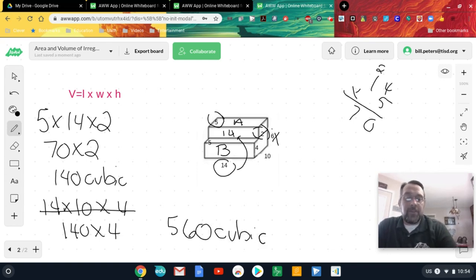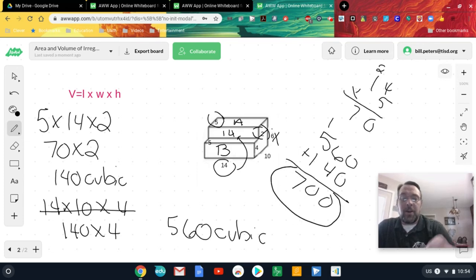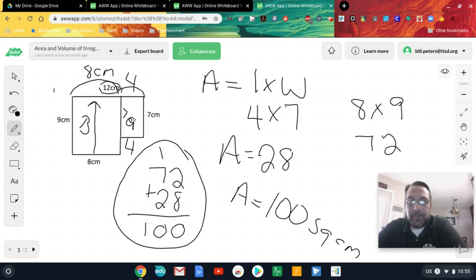So then I have 560 cubic units and 140 cubic units. I add those together, and I have a volume for this staircase of 700 cubic units.